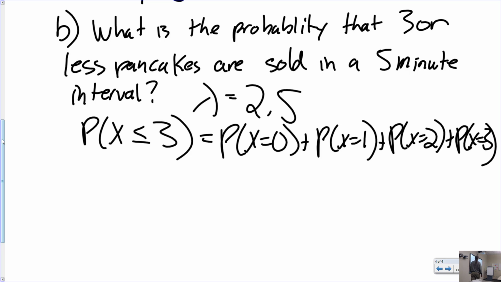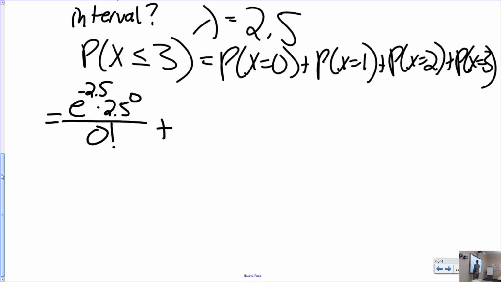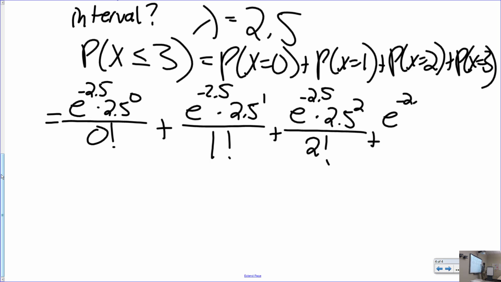So the first one: e to the negative 2.5 times 2.5 to the 0th power, all over 0 factorial, plus e to the negative 2.5 times 2.5 to the 1st power, all divided by 1 factorial, and so on down the line, including 3: e to the negative 2.5 times 2.5 cubed, all over 3 factorial.